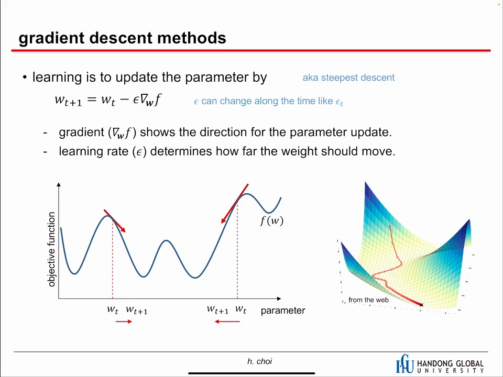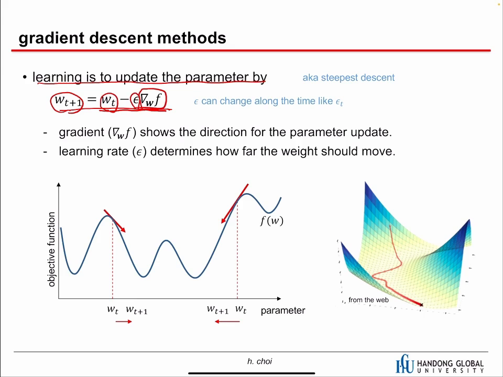Okay, so first one is gradient descent methods, and the gradient descent methods are quite simple. Okay, so learning is to update the parameter by this. Okay, this one is a current parameter, and this one is updated parameter, and this one is updating rule. And we have a learning rate, and we have a gradient.